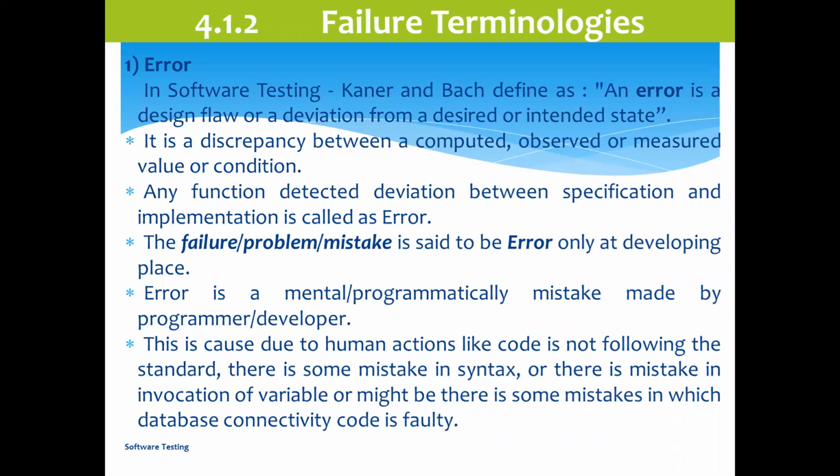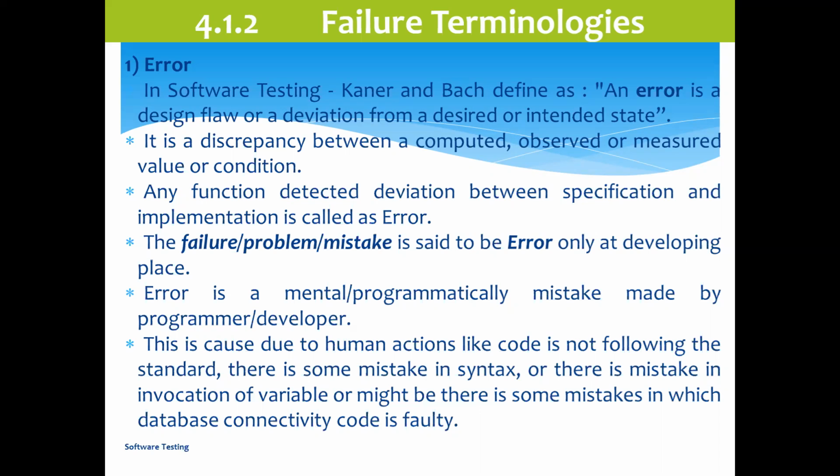Okay, now any function detects deviation. Any functionality we are checking will detect the deviation, the difference between the requirement we are going to check and what we get after implementing it. Both should match. If both are not matching, then that is a problem. Then the failure, problem, mistake is said to be an error only at the developing place.